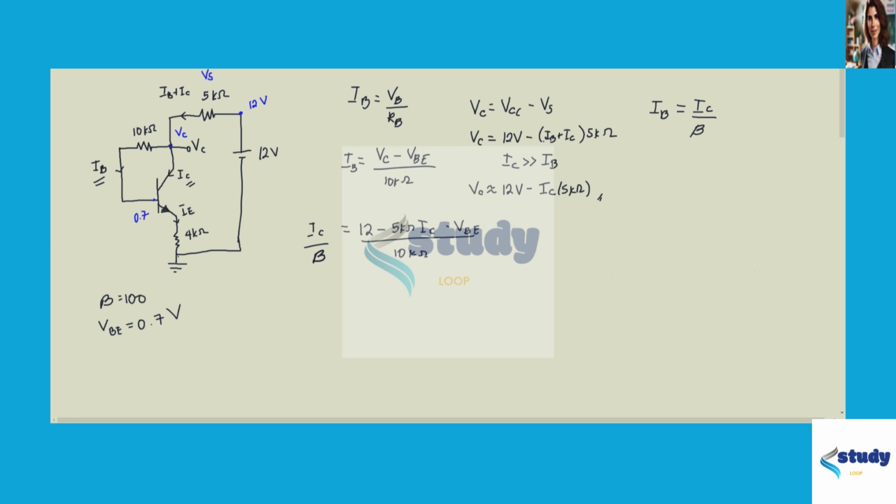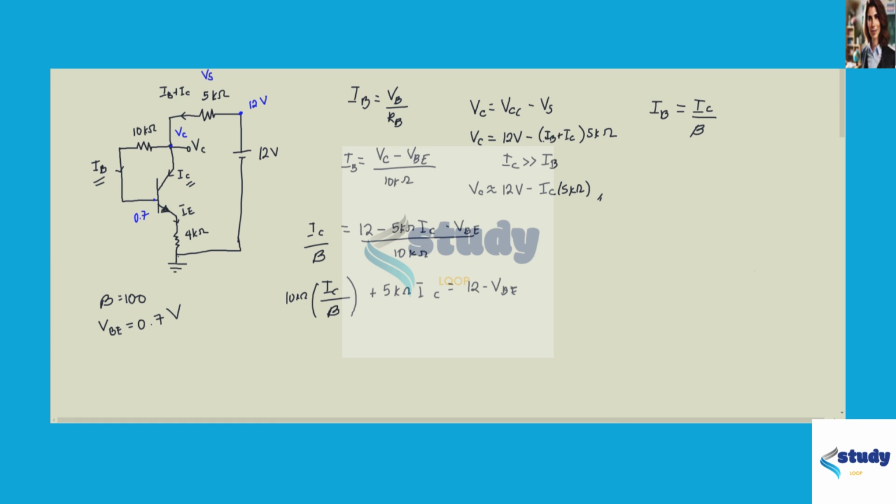Isolating the IC, we'll get a term on the right side here as IC over beta times 10 kilo ohms plus 5 kilo ohms IC is equal to 12 minus VBE.